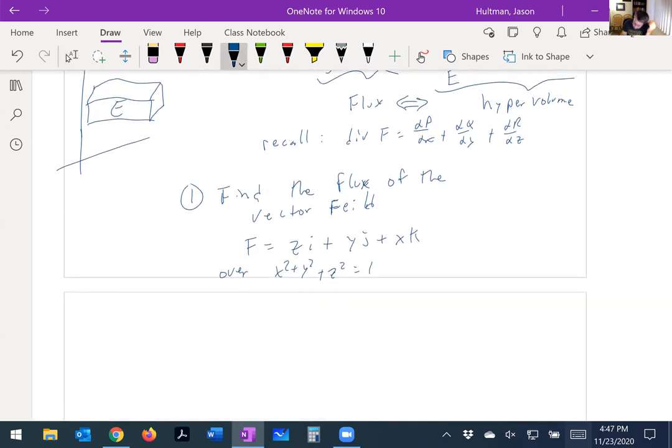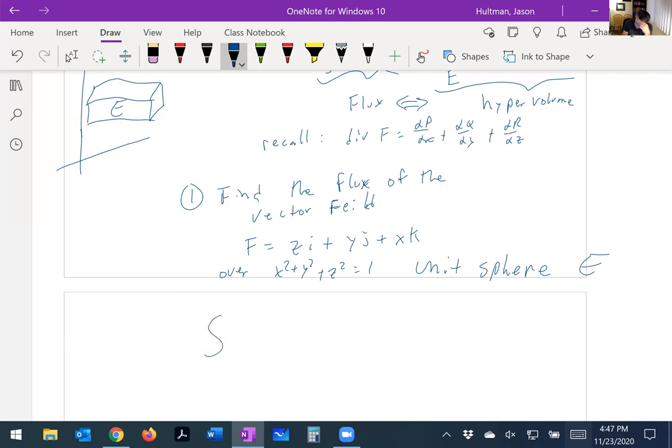It's over this sphere, the unit sphere. The unit sphere is E in this case. That's what E is. E is the unit sphere.